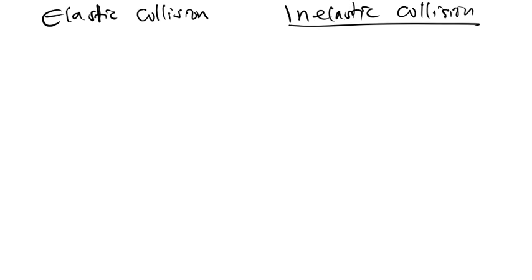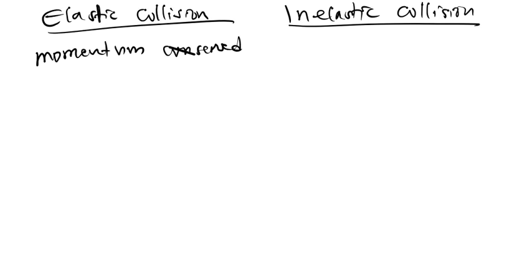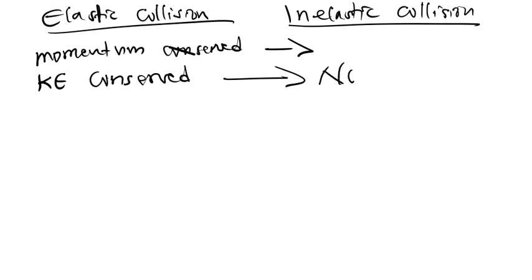Under elastic collision, momentum is conserved and kinetic energy is also conserved. Under inelastic collision, momentum is conserved, but kinetic energy is not conserved. So elastic collision, both momentum and kinetic energy are conserved. Under inelastic collision, only momentum is conserved.